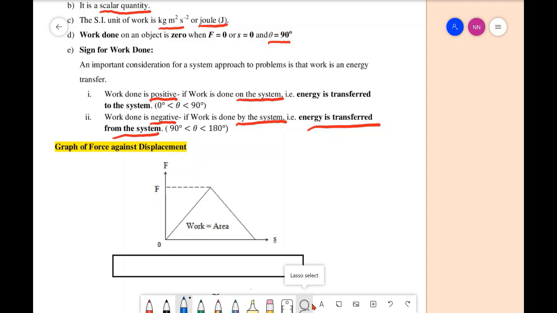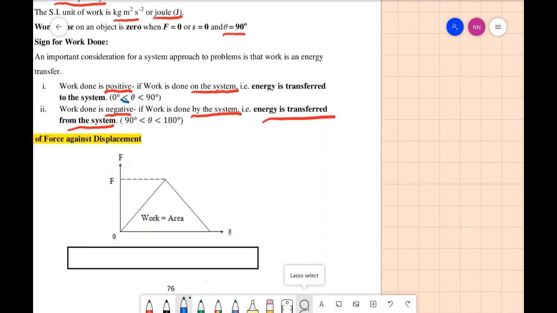The angle theta for positive work done is less than 90 degrees but greater than or equal to 0 degrees.